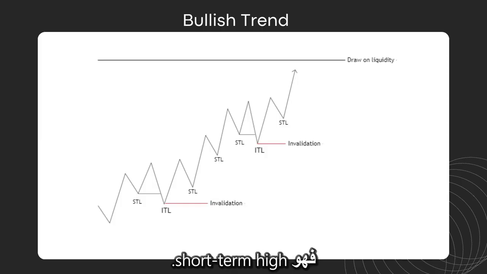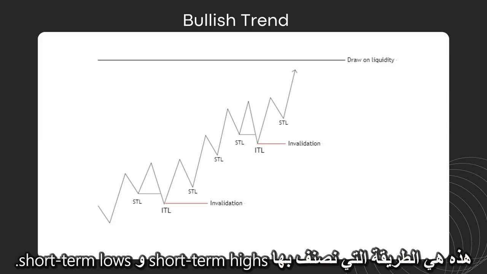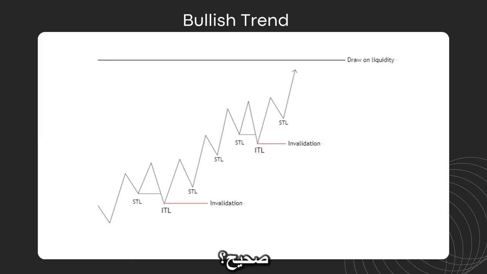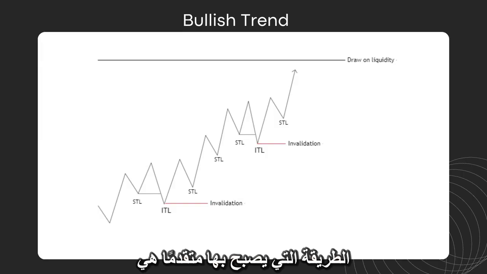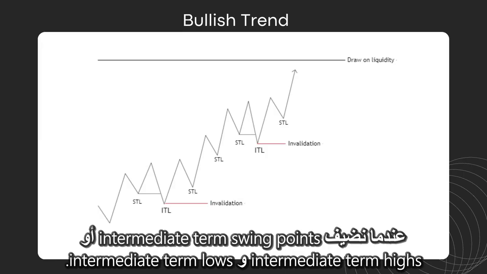If it's a high, then it's a short-term high, but if it's a low, then it's a short-term low, right? So that's basically how we classify short-term highs and short-term lows.